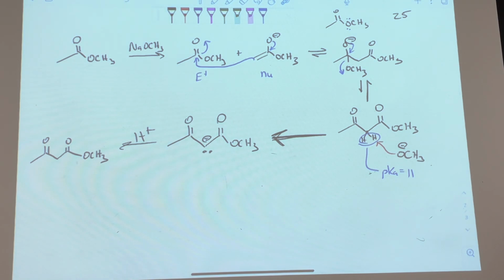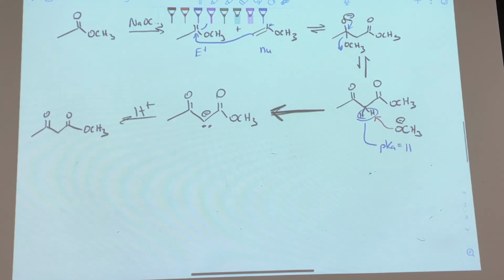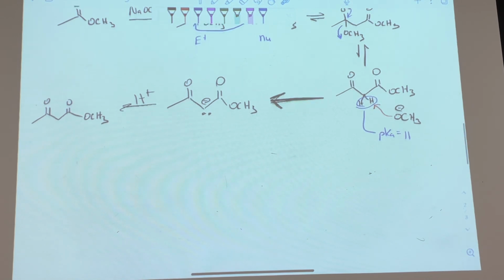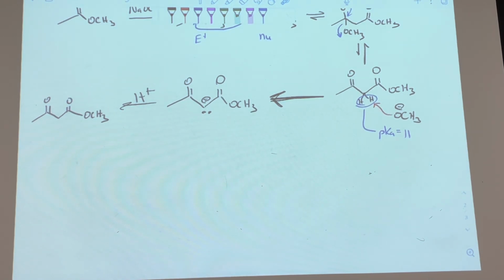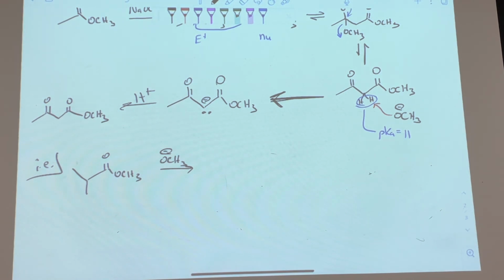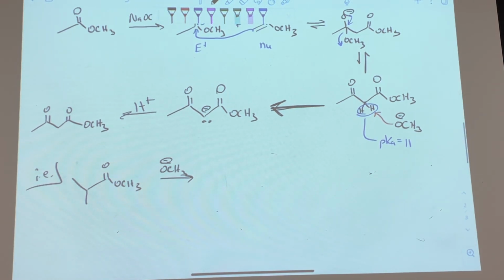Mm-hmm. Yeah. So imagine for a minute, instead of doing the ester that I drew, what if we were to use this? We'll go through this mechanism a little bit quickly because we just looked at the mechanism, but you would deprotonate.